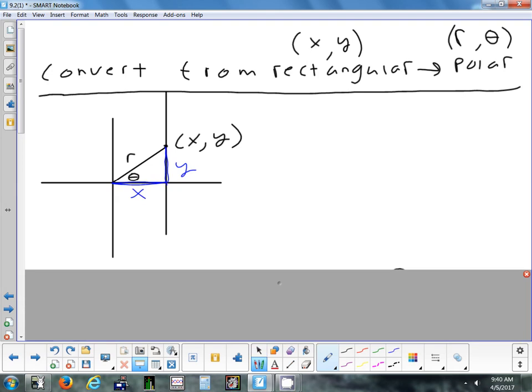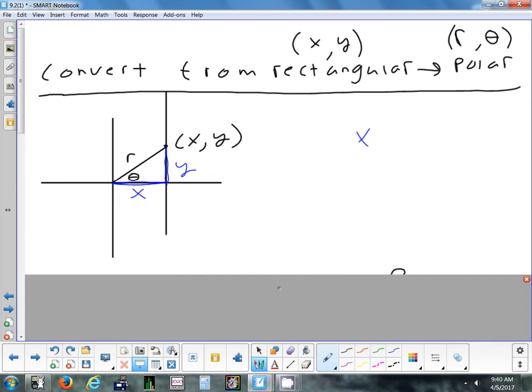I'm going to write this out nicely in a second. I have the steps right below it. But for now, I'm just going to put this here. And what about theta? You know this, and you want that. Y is opposite. What about x? Adjacent.